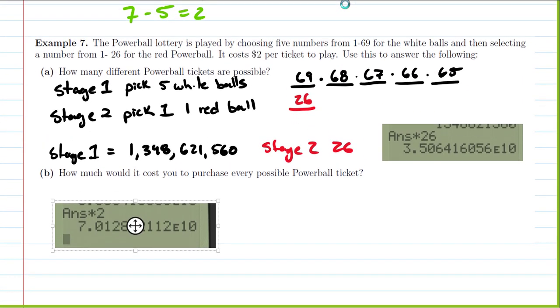Okay, so what do we think? Is this a good analysis or a bad analysis? So what did we do in stage 1? Did we do that right? So when we did 69 times 68 times 67 times 66 times 65, what was it we're counting?